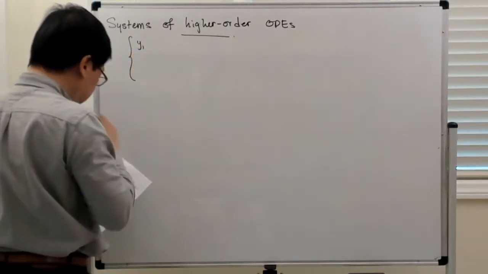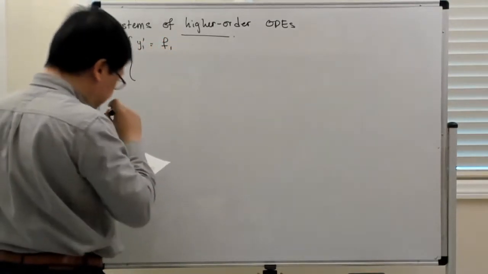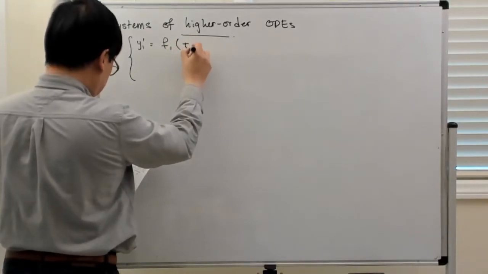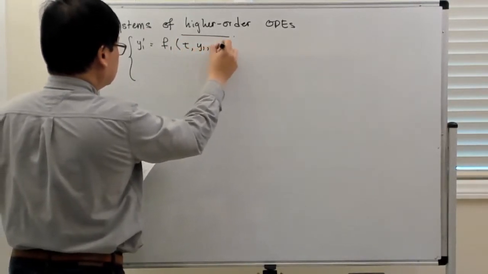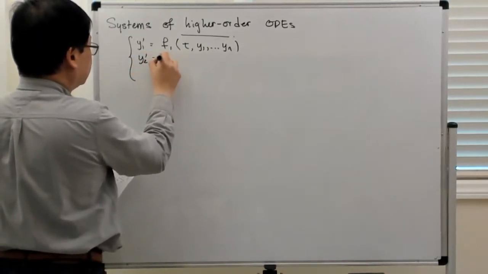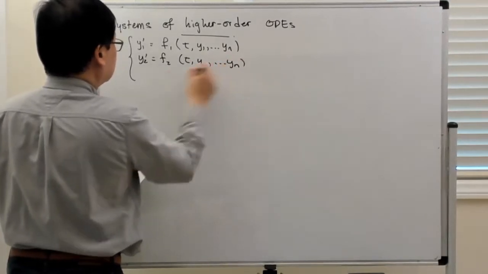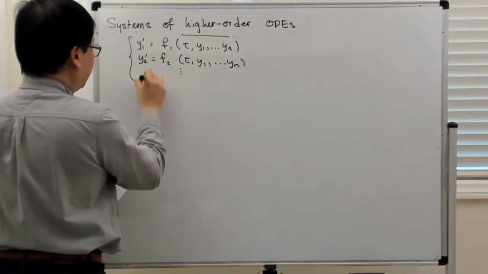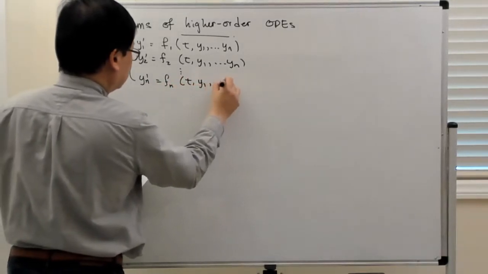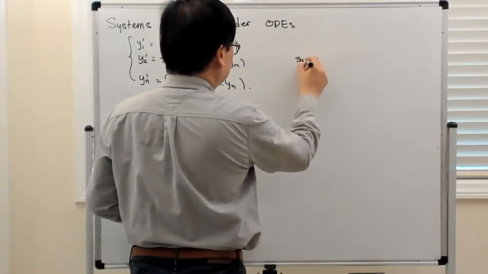We're going to have components of a vector. y1 prime is equal to some component of a vector field f1, and y2 prime is f2, all the way down to yn prime is fn of t, y1 to yn. And so this is a system of first order equations.